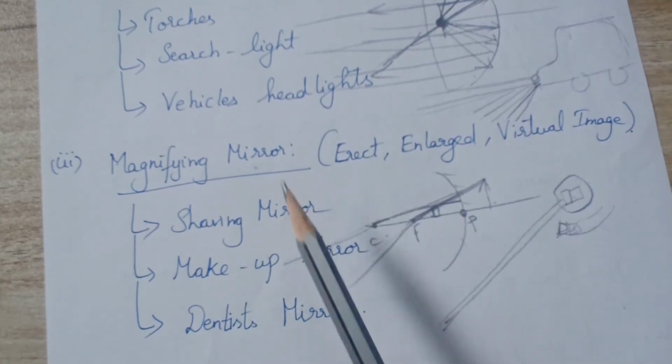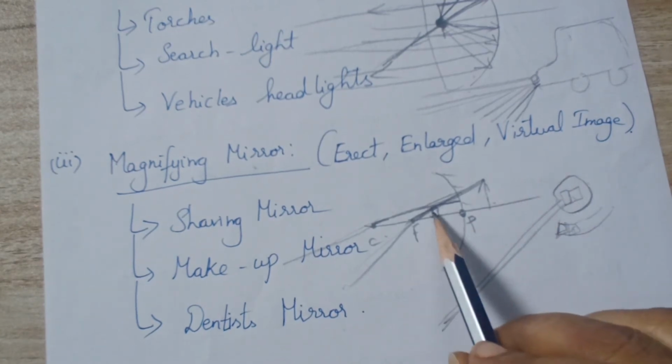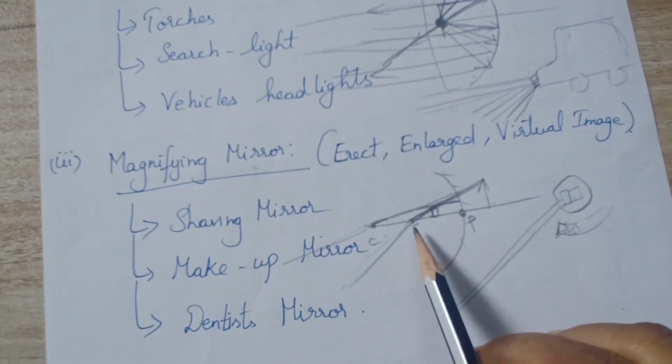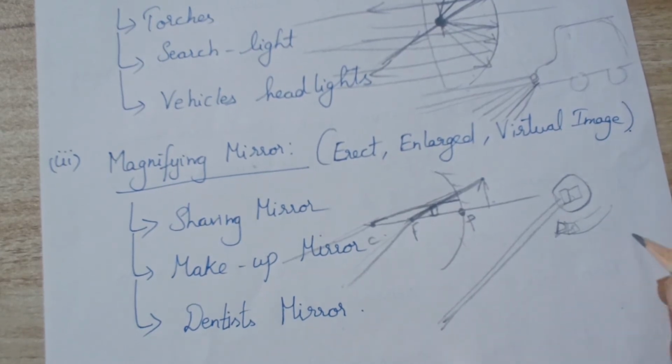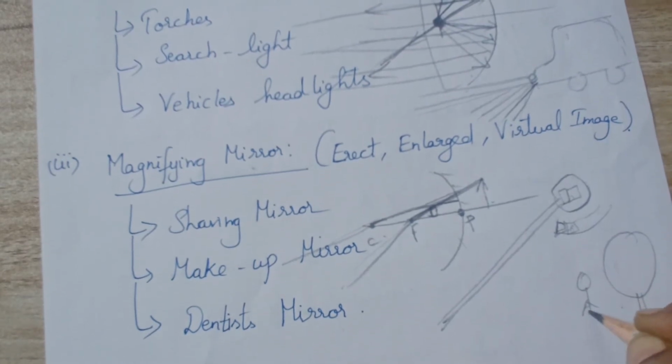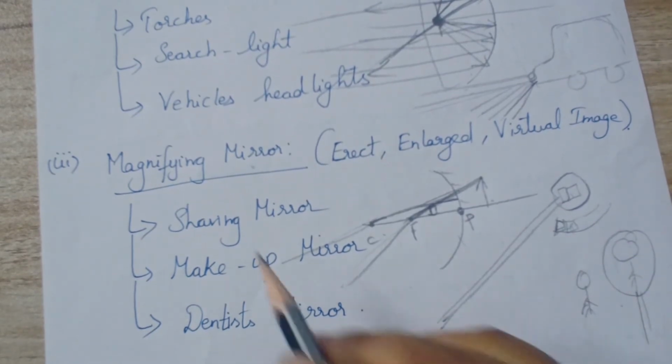Okay, to get the magnified image of something, we use the concave mirror. To get the enlarged erect image, the object has to be placed between the focal point and the pole. Okay, you used to keep the makeup mirror nearer to you, right? So you will get an enlarged image so that it is easy for you to do the makeup work and also for shaving.